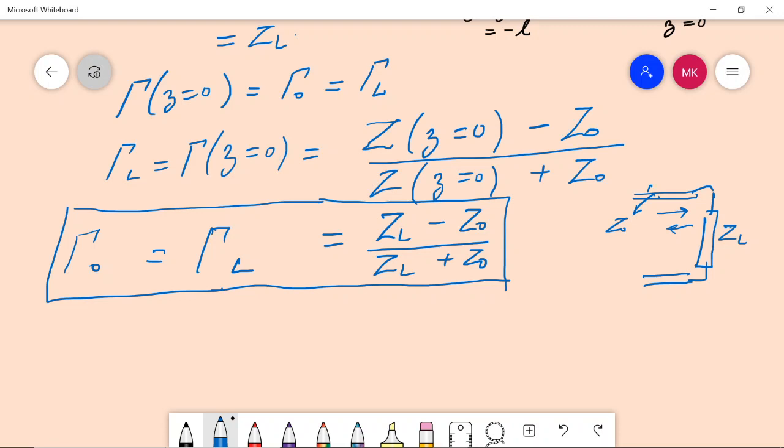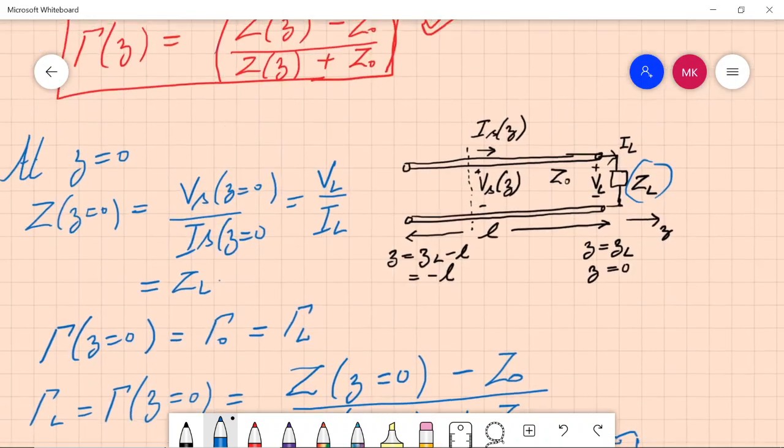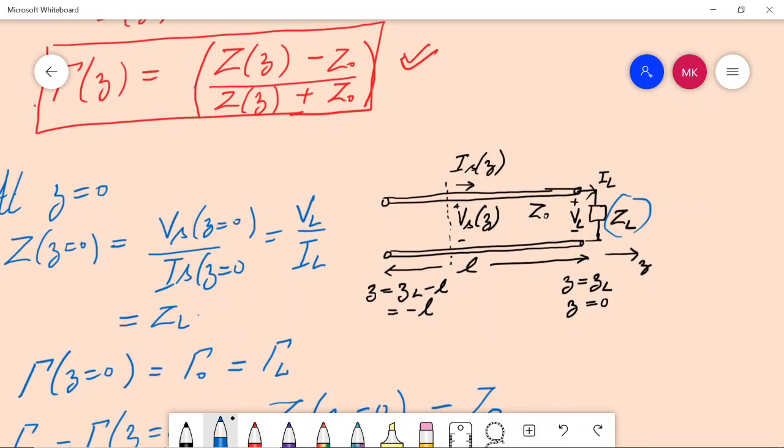This is very important, and in future you will also use it to find the reflection. Once you know gamma naught, you can find the reflection coefficient at any point. Once you know this gamma L or gamma naught, you can find gamma Z at any location on this transmission line. Similarly, once you know the reflection coefficient, you can find the line impedance at that point, and all other things.